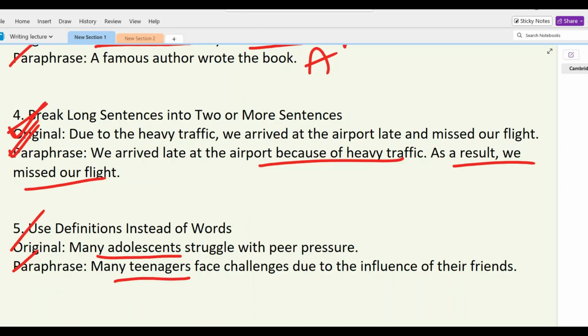It's defining the thing, and very importantly, it's been defined very clearly. Peer pressure means due to the influence of their friends. So this word is a kind of concentrated one, and it's been explained here. In other words, provide a definition of it, and you will see a number of examples like this in your reading as well.